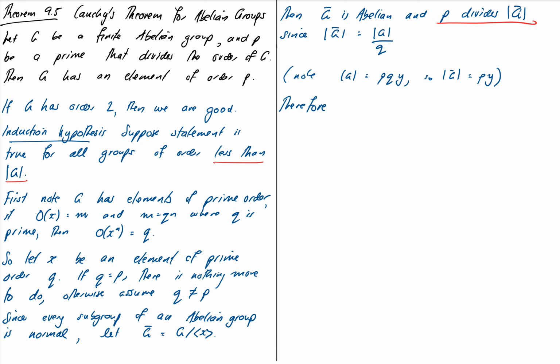Therefore, G bar has an element y times X. That's just an arbitrary element, a particular element of our factor group, of order P by induction hypothesis.